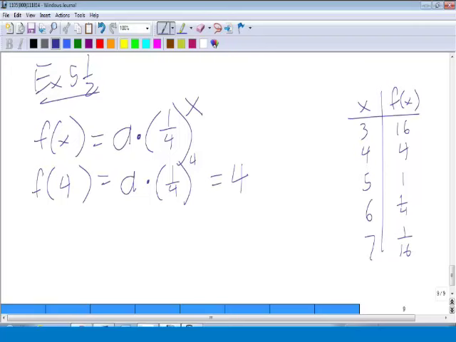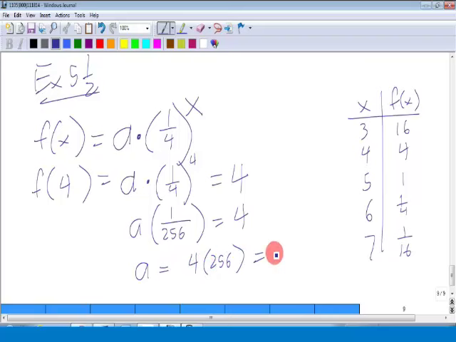So what value of A works here? This is going to be A times 1 over 256. Is that what 16 times 16 is? 256? What if we multiply by 4 again? I'm thinking A is 4 times 256, which is 1,024.